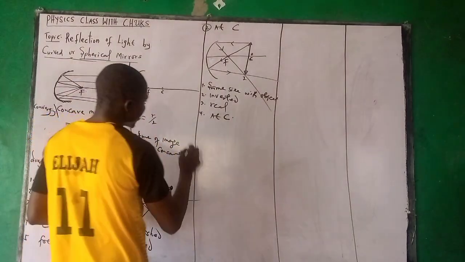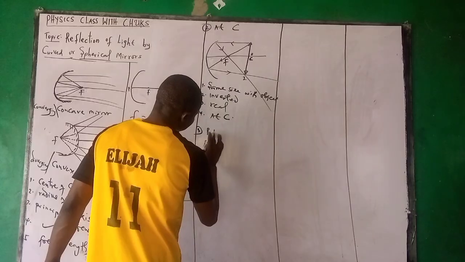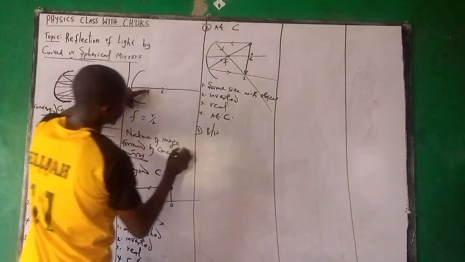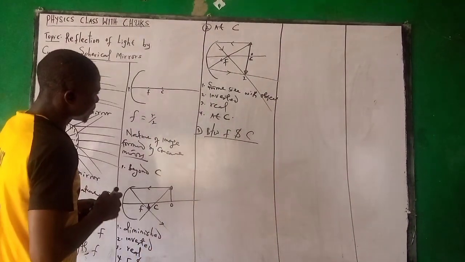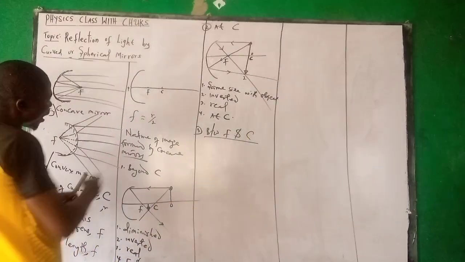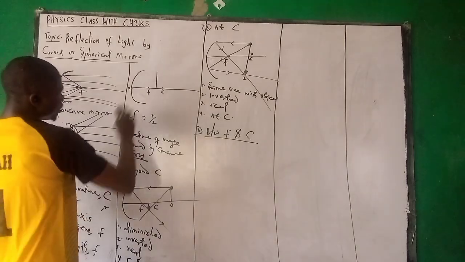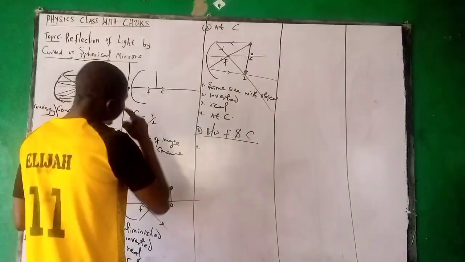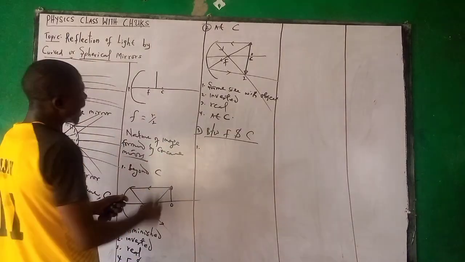For instance, if the object is between C and the principal focus, between F and C, what will happen to the image? If I place my object here, the image will have the following characteristics. Number one, the image will be bigger than the object.